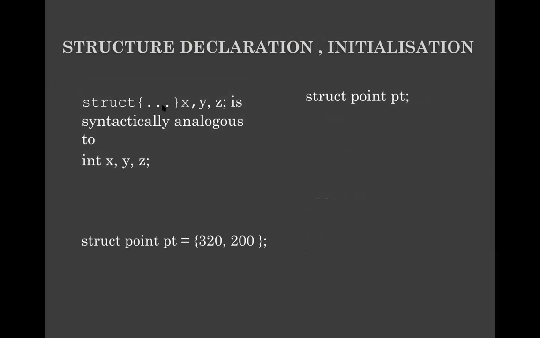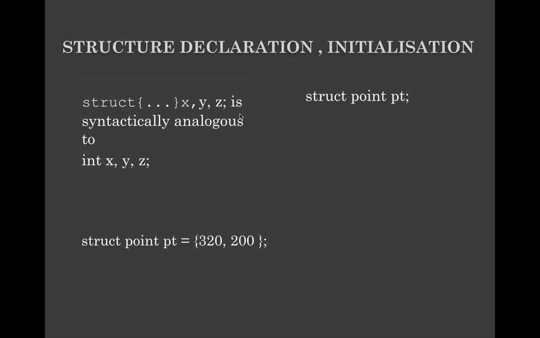Whatever is declared inside these braces are the members of these variables. It's very similar to saying int x, y, z. So x, y, and z are integers. Similarly here, x, y, and z are the structure variables. Now these x, y, and z require memory space to be allocated.